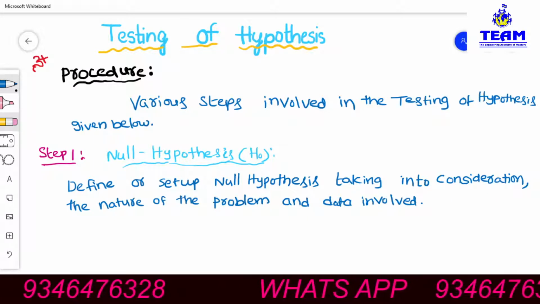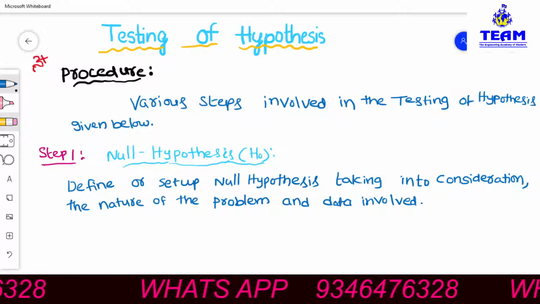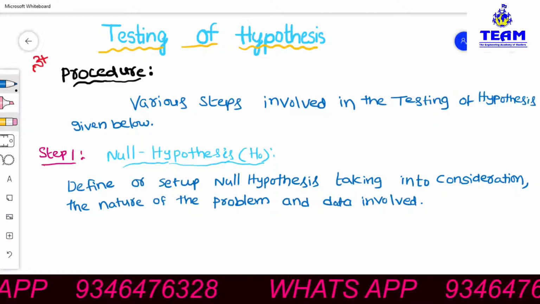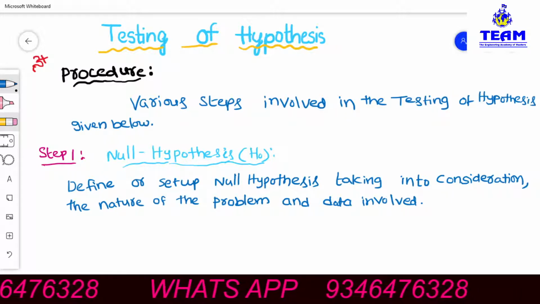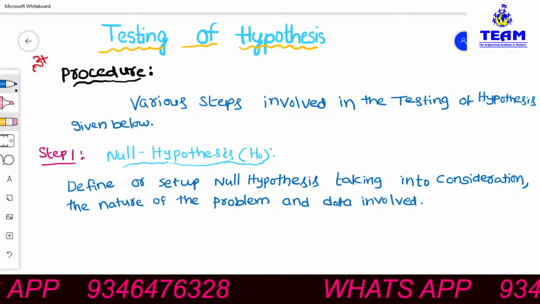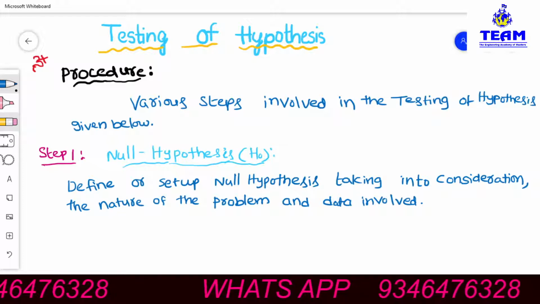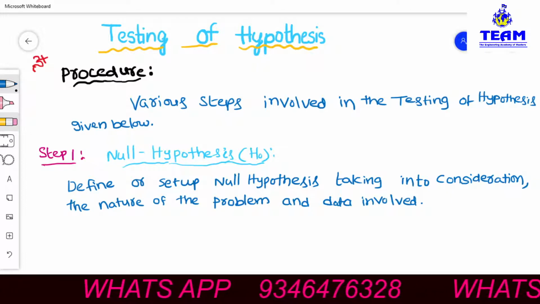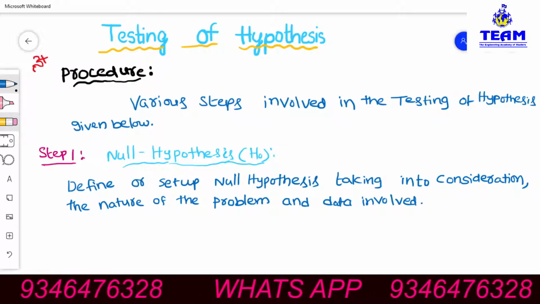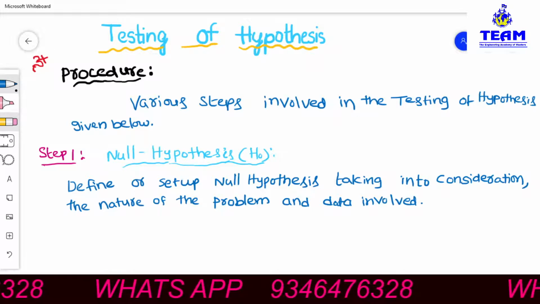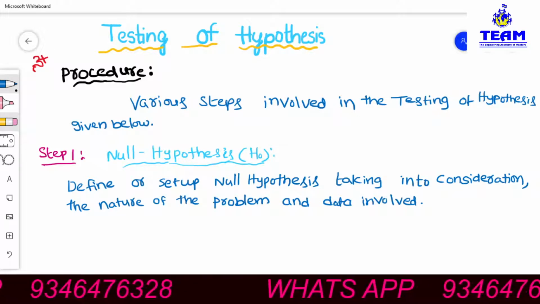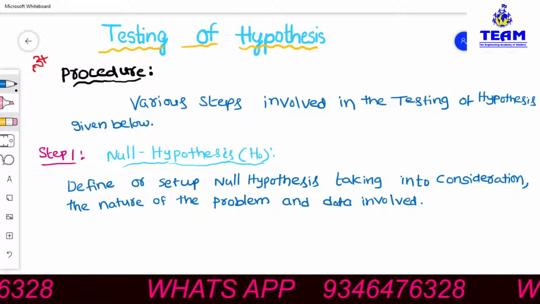H0 stands for null hypothesis and is defined as: set up the null hypothesis taking into consideration the nature of the problem and data involved, which means the given hypothesis can be taken as given in the problem. That is, without changing anything, we can take the null hypothesis as given in the problem as it is.